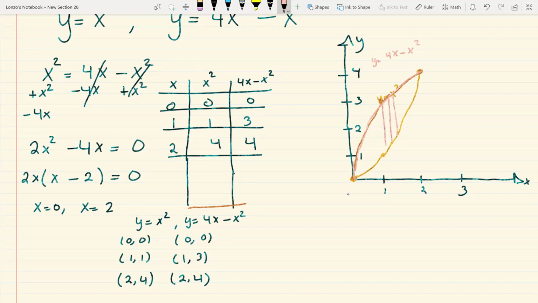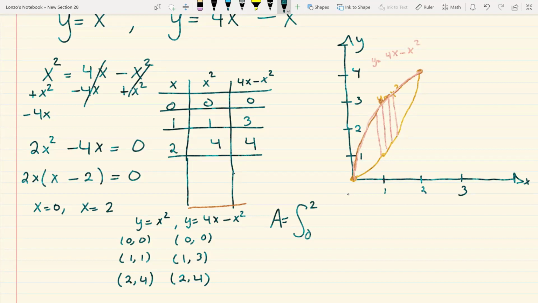it's going to be vertical. So the height would be top minus bottom, and then the width would be delta x. So area equals from 0 to 2. And then it's going to be top function minus bottom function.